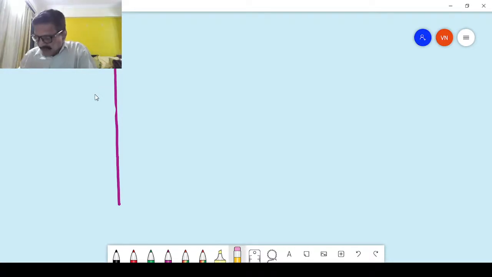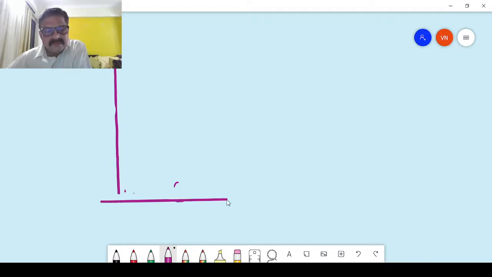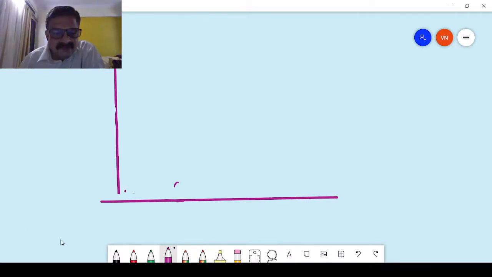X coordinate and Y coordinate we have drawn in the case of SN2 reactions here. This is a reaction coordinate. Roughly I will just show you.